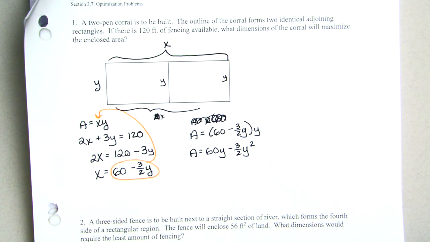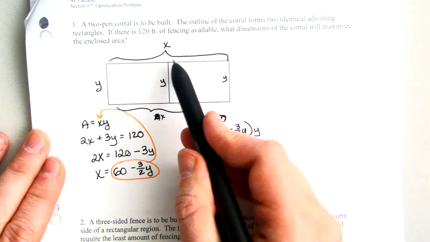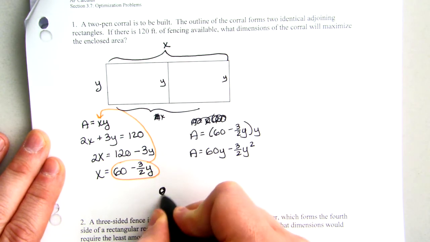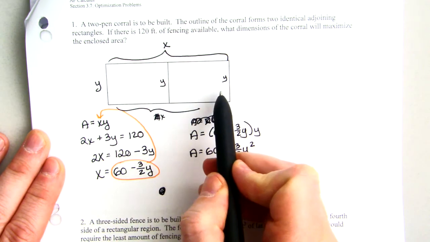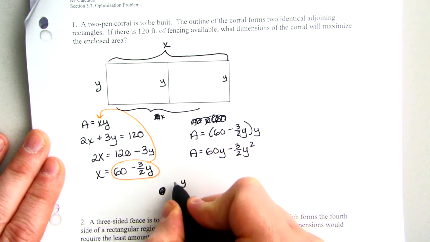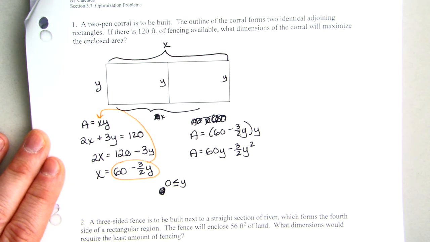Next thing we need to do is find the derivative and get our critical value or critical values. Do I want to do that right now? You know what, I take that back. Before we do that, let's talk about our domain. I don't care about x here, I care about y here. I know that y has got to be greater than or equal to 0.